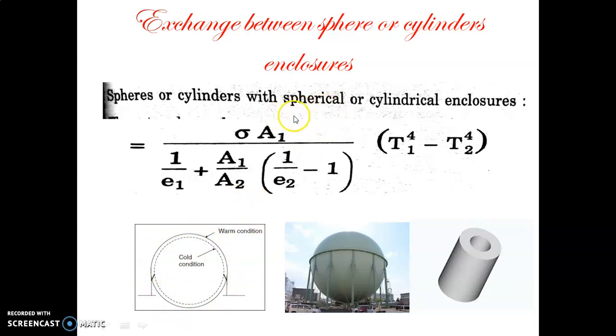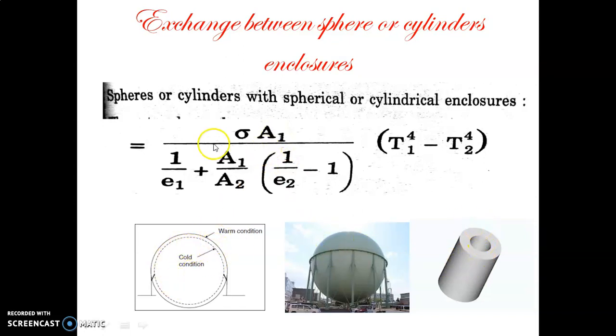In these cases we can use this formula. So what is that formula? The formula is shown here: Q is equal to sigma A1. What is meant by A1? Area of the inner cylinder or sphere.